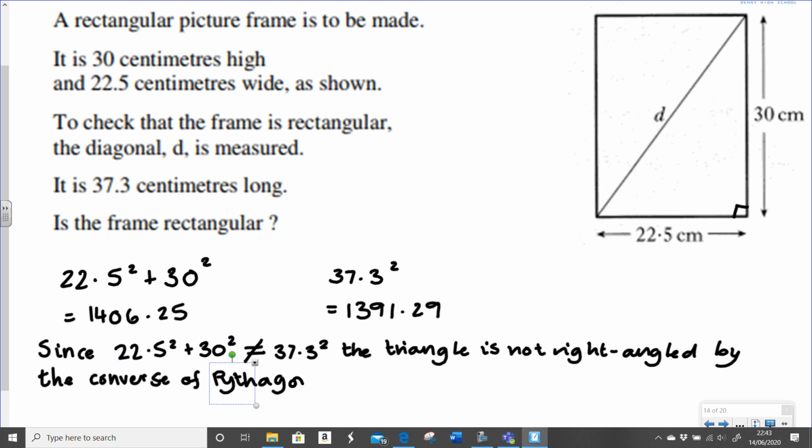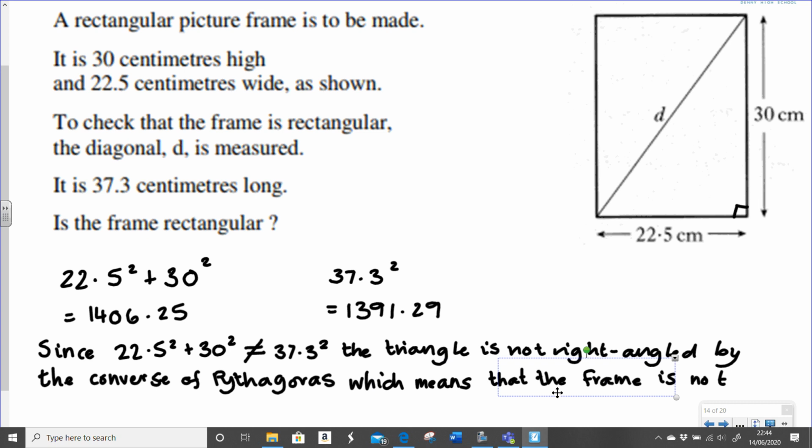And then we also want to refer our answer to the question, which means that the frame is not rectangular.